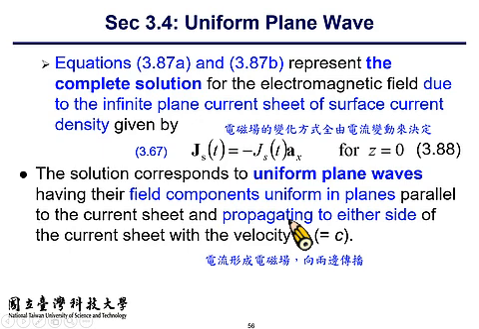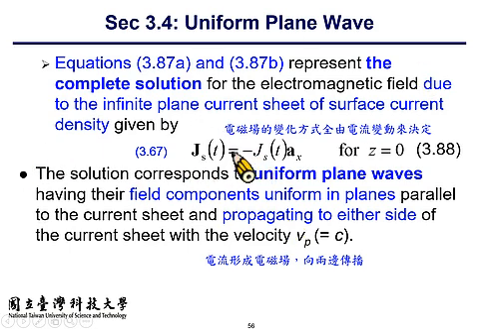The result shows that the electrical field variation is totally determined by the variation of the electrical current source, the J function.